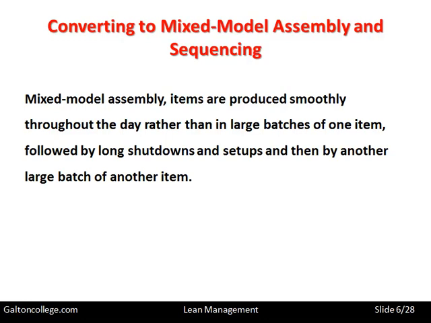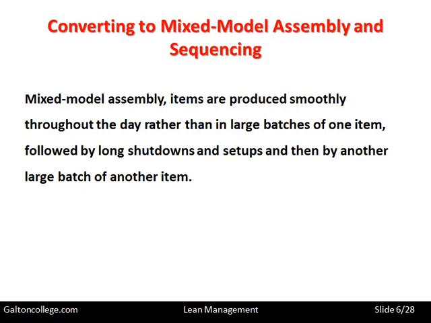So each one comes through, and when it gets to the end, it's a smaller flow, and it's much preferable to do that than to have large batch runs where large amounts of raw materials are required, a lot of processing time, and the final output is then put into a stores and sits idle waiting to be delivered.